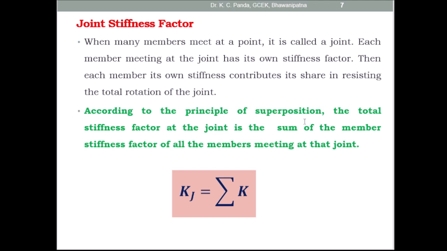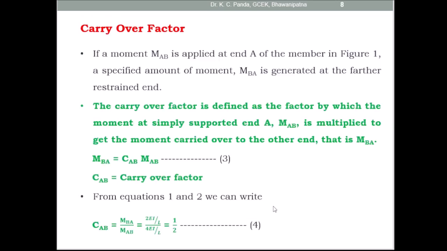According to the principle of superposition, the total stiffness factor of the joint is the sum of the member stiffness factors of all the members meeting at that joint. That is, Kj, the total stiffness factor at the joint, is equal to the summation of K, the stiffness factor for all the members which are meeting at the joint.